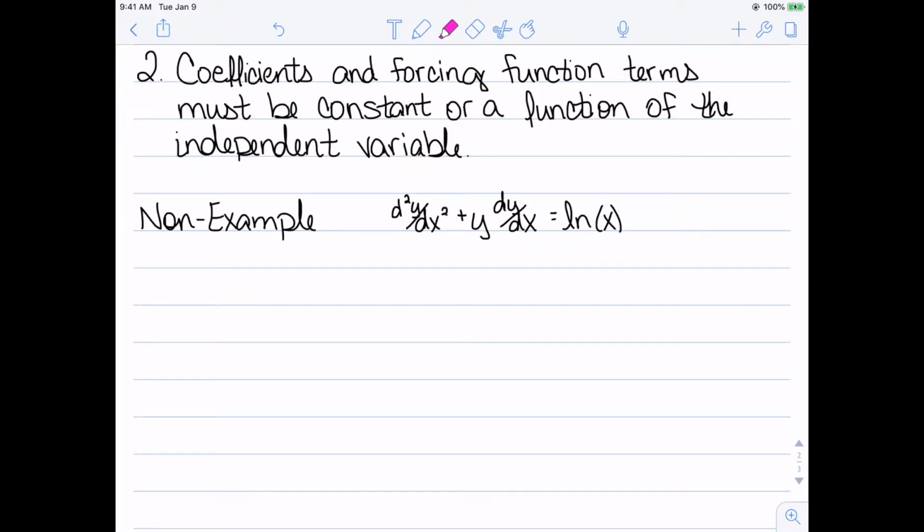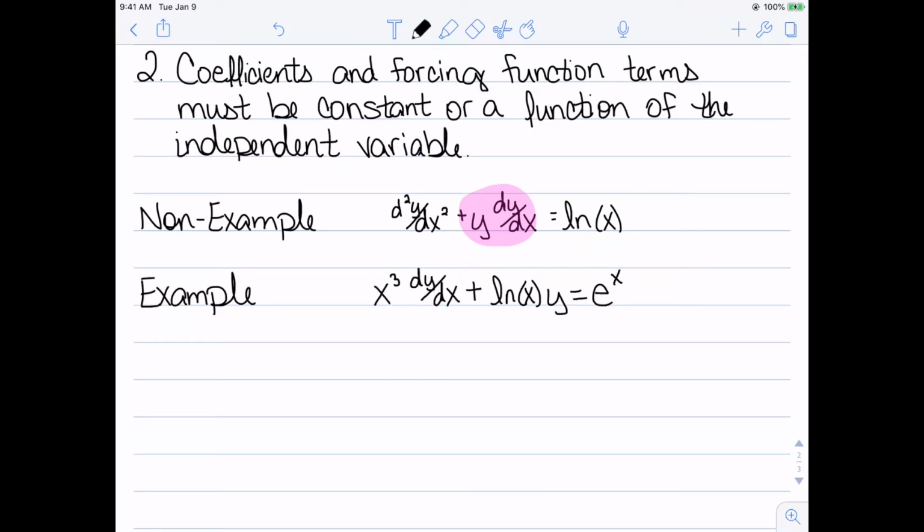As an example of something that violates this, if I have the second derivative of y with respect to x plus y dy dx equal to ln of x, this term here is going to cause issues because the coefficient of dy dx is y. That's the dependent variable, not the independent variable. So that would violate it.